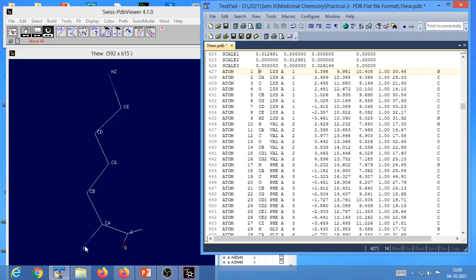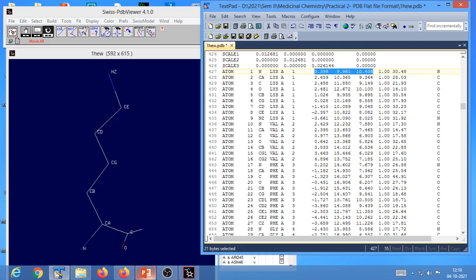In order to represent anything in Cartesian coordinates, you have to provide the three coordinates of each and every atom. So this is the x coordinate of your nitrogen, this is the y coordinate of your nitrogen, and this is the z coordinate of your nitrogen. These are the x, y, and z coordinates of this nitrogen in your PDB file.